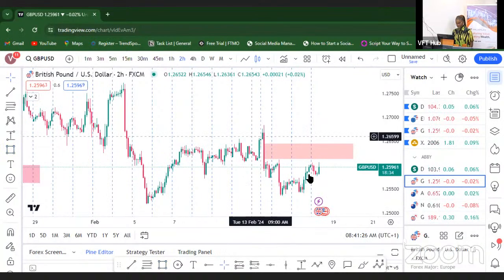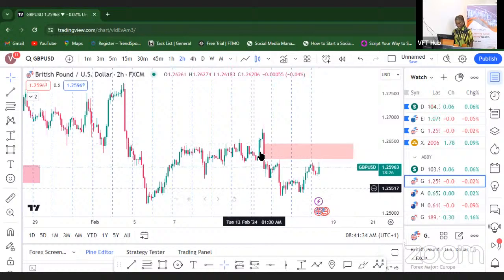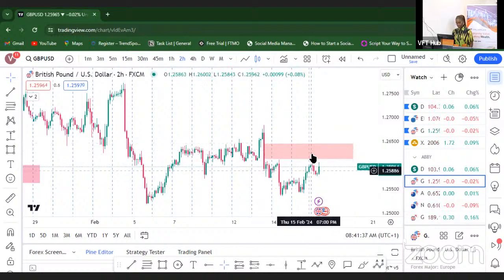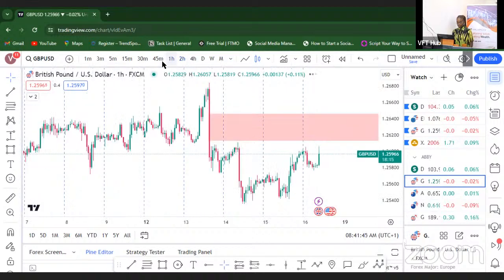Price still has a little incentive to go and fill this fair value gap before going down. So if you're patient, wait for price to fill this fair value gap before you are confident enough to slam it down on the 2-hour time frame.